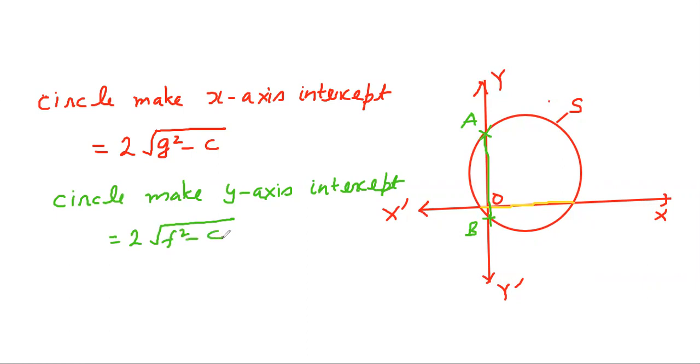If a circle makes an intercept, this is the value of the x-axis intercept or y-axis intercept.